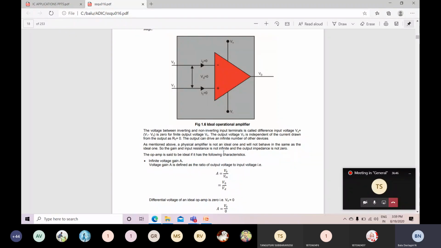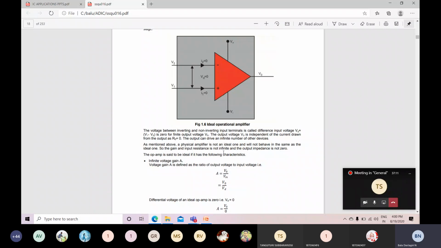How can you say this? If you see figure 1.6 here, V2 and V1 are the voltages applied across the two input terminals, and Vd is the differential voltage. In an operational amplifier, Vd is nothing but the differential input voltage, where Vd is equal to V1 minus V2.